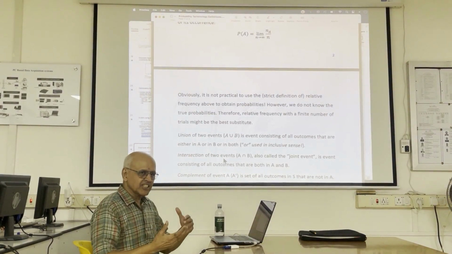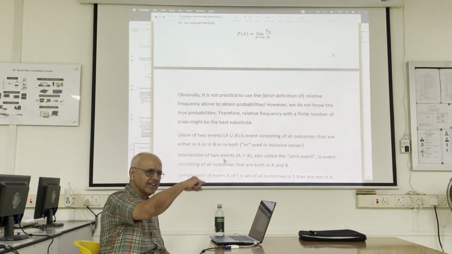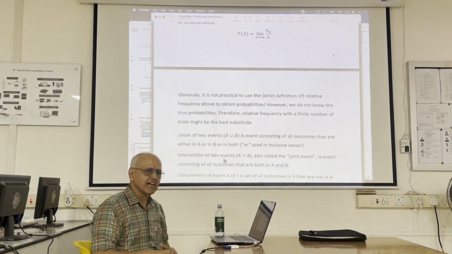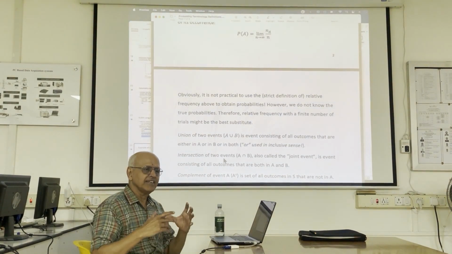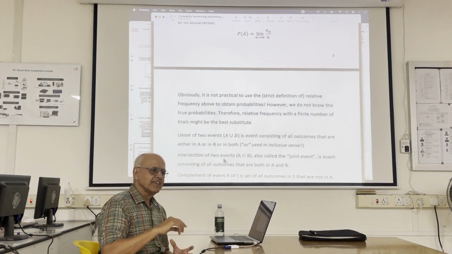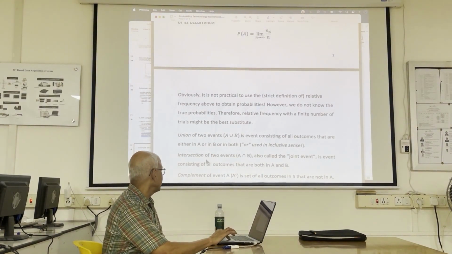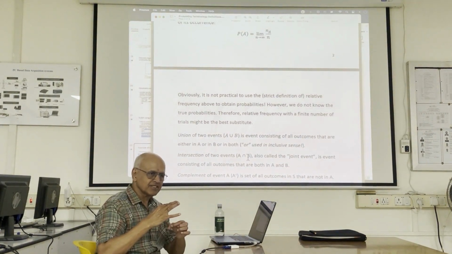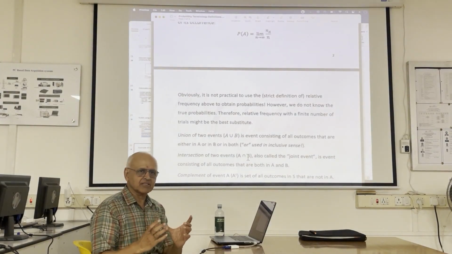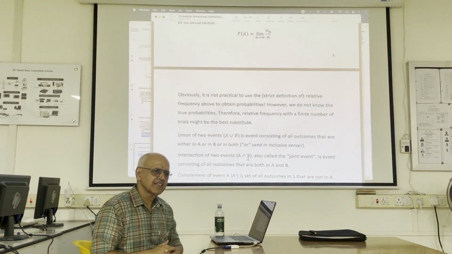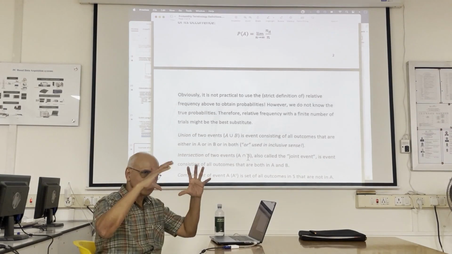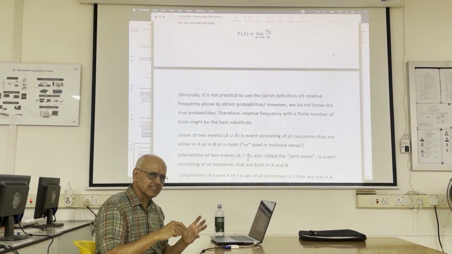Next there'll be A intersection B. So you can draw A and B like 2 eggs, and the overlapping area is the intersection. The intersection alone is the joint event. That means it has to be in both spaces, both eggs, so to speak. So that's smaller, whereas A union B is all of A, all of B, as well as the intersection area.